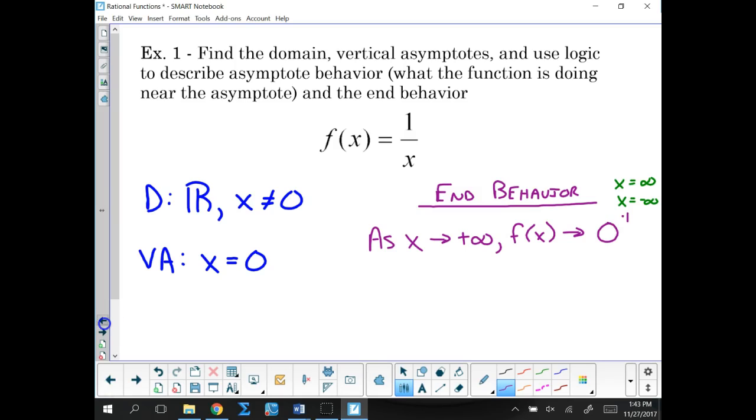It's going to go to 0 from above, because it's positive. It's getting closer and closer to 0 from the positive side.